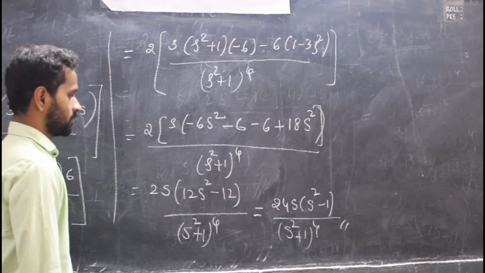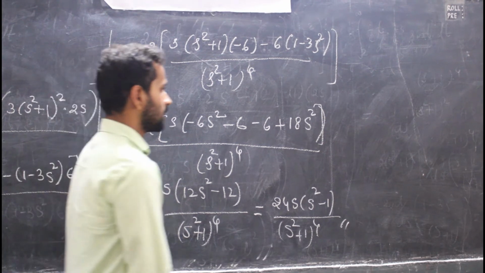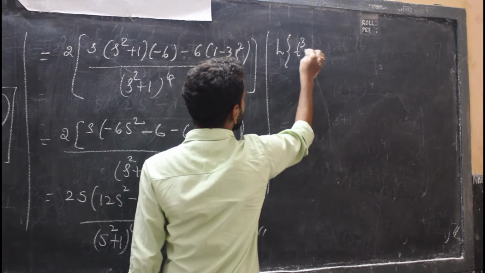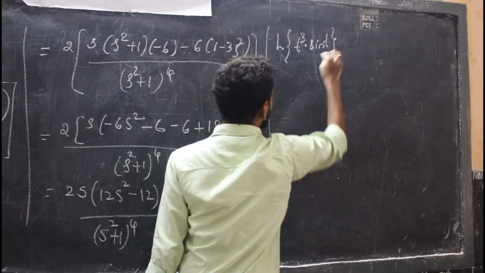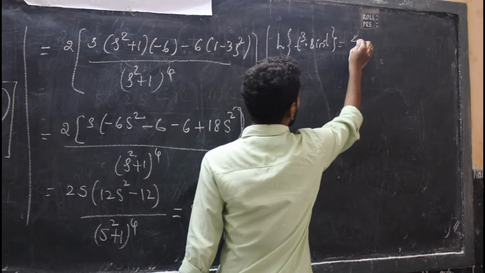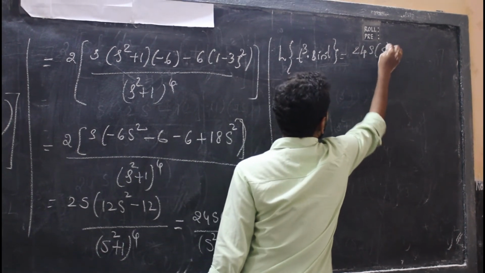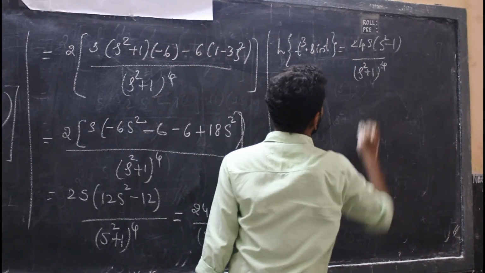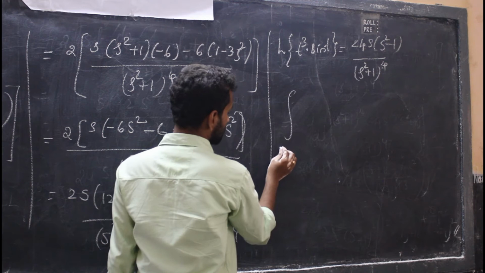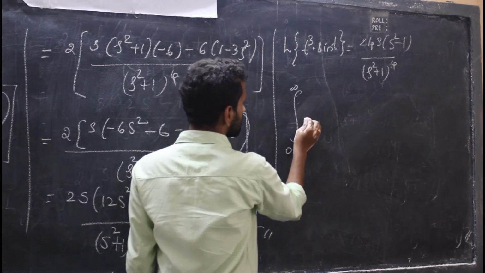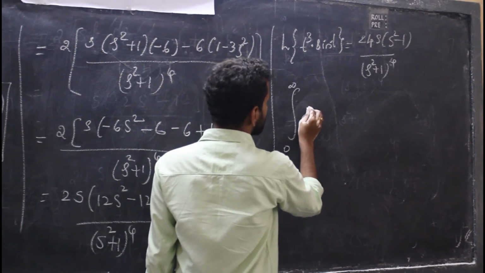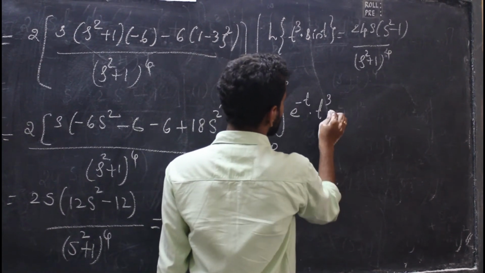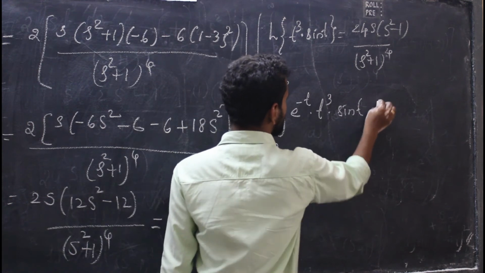Now how can I write it? Finally, solution. How to proceed to solution? This is what L of t cube into sin t. That's what we got: 24s into (s square minus 1) divided by (s square plus 1) whole to the power of 4. Now we know integral 0 to infinity e to the power of minus st into t cube into sin t dt.